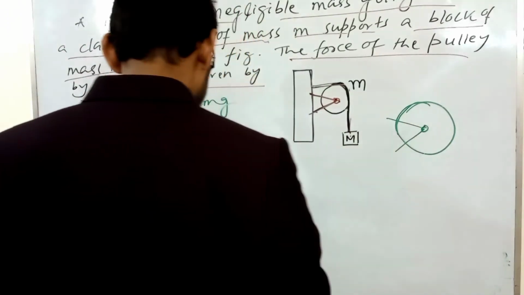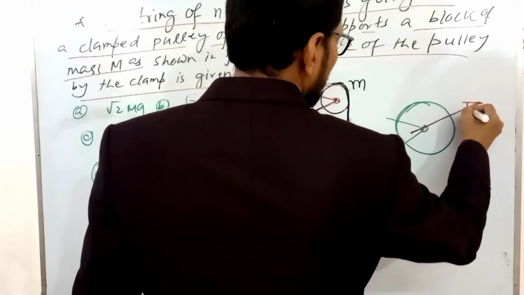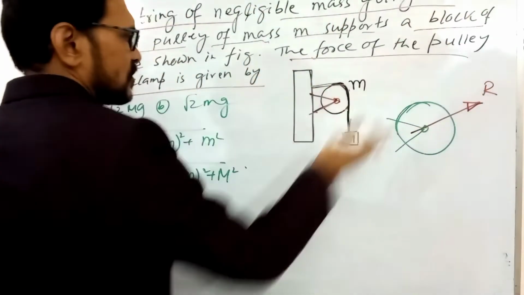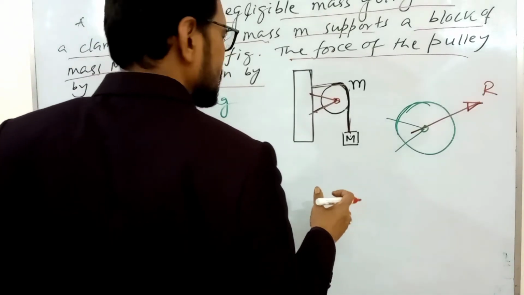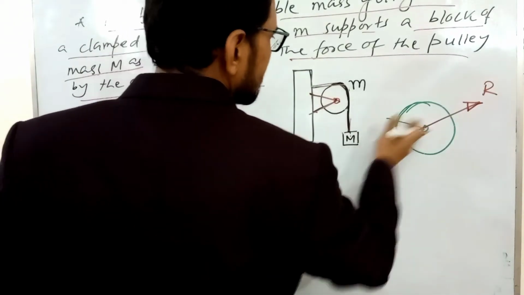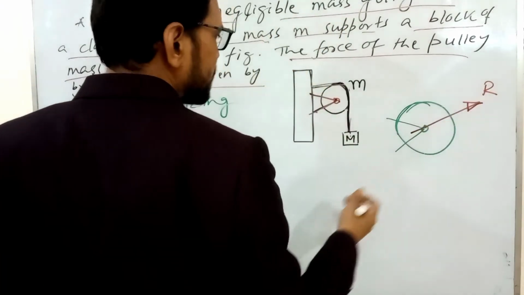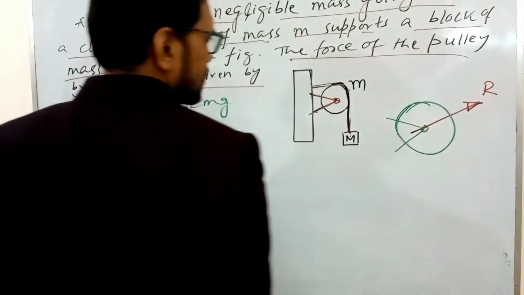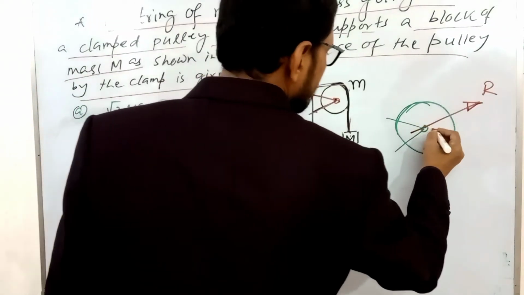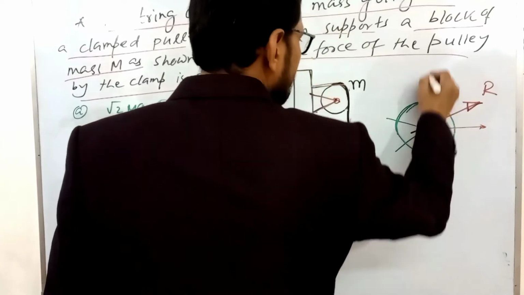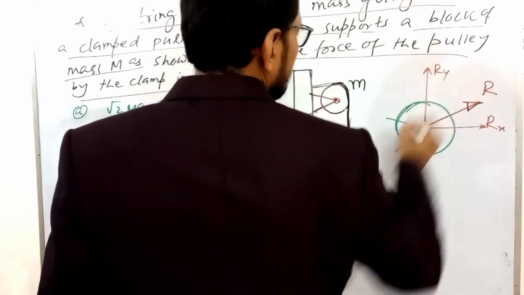When a clamp is present, the reaction force is not shown horizontal or vertical; the force exerted by the clamp on the pulley is always inclined at an angle with the horizontal. Now resolve it along horizontal and vertical. So this is Rx, this is Ry.